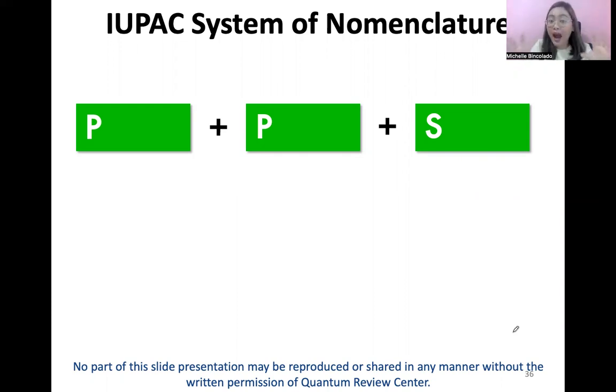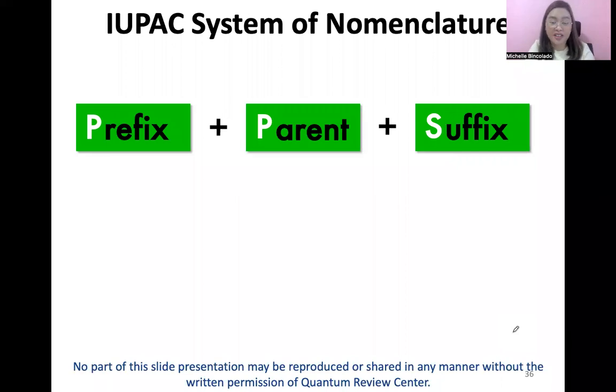So a name is made up of prefix, parent, suffix. But the very first thing we determine is the parent. PPS, like the PS and PPS in a letter. This can help you remember the formula of a name: prefix, parent, suffix.